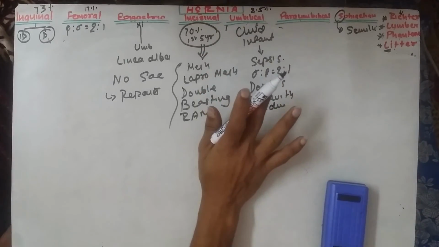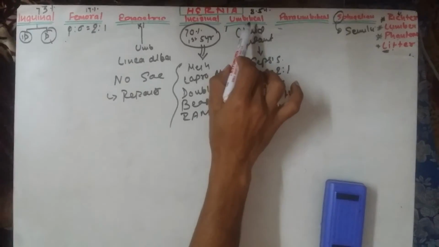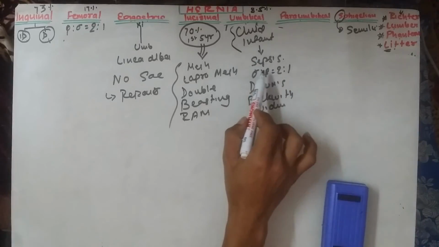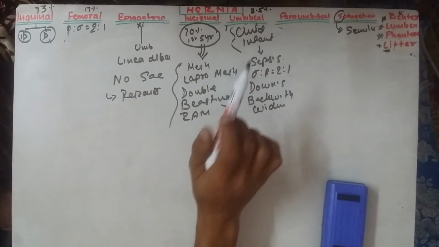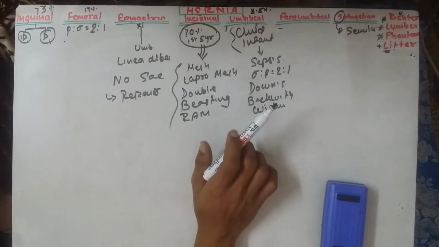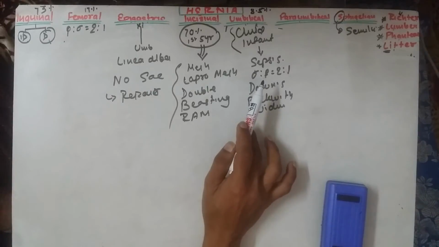So the first point one should remember is that it is due to a weak umbilical scar, usually seen in child and infant, usually associated with Down's, Beckwith, or neonatal sepsis, and more common in males.